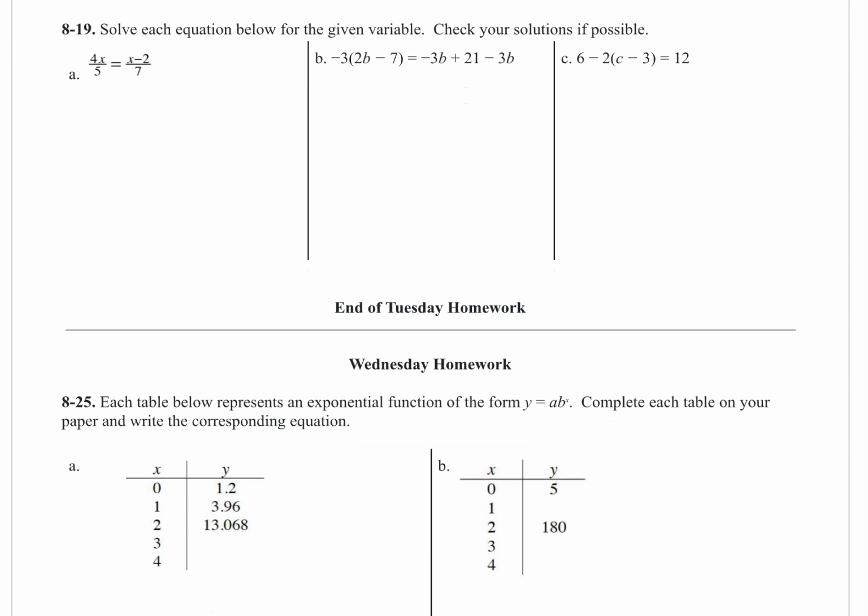8-19, let's do A. Alright, so I have fractions. Let's find the LCD of 7 and 5. Well, if I just do 7 times 5, that's 35. So that's going to be our LCD. Then we're going to multiply both sides by that 35.